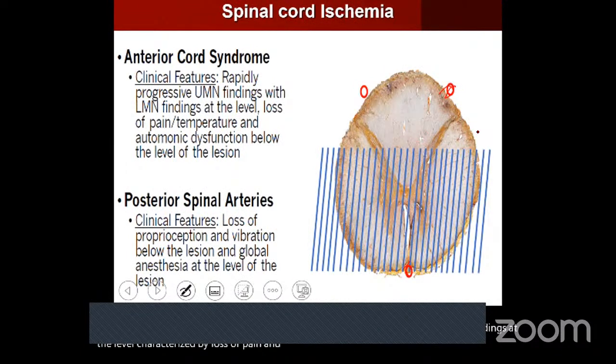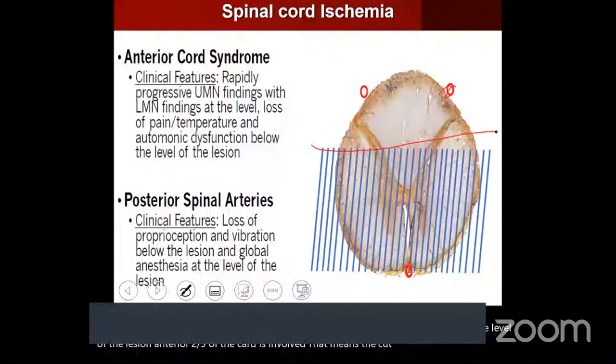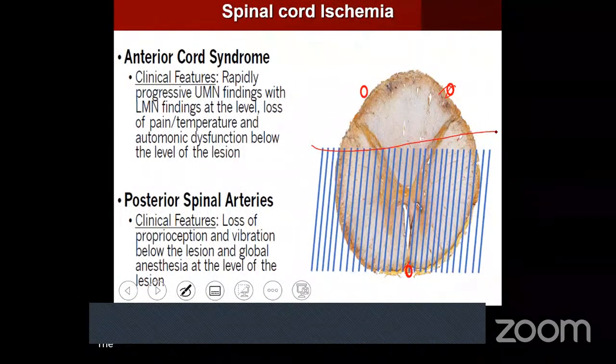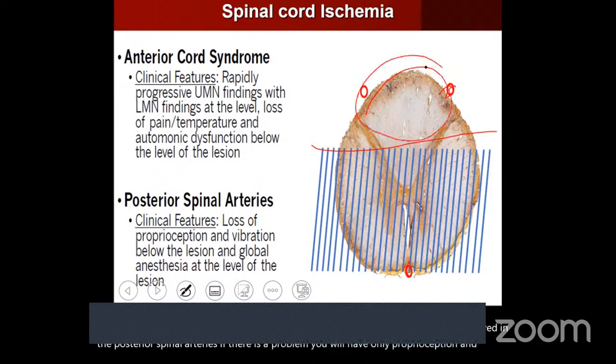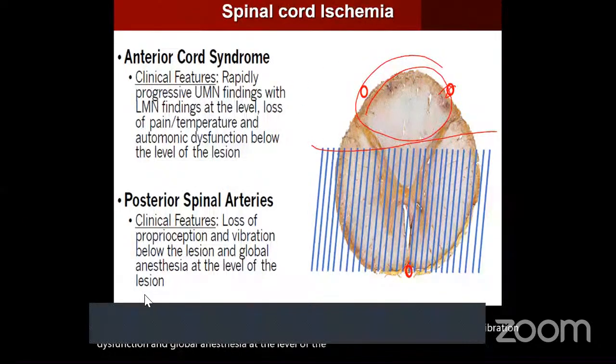The anterior two-thirds of the cord is involved. That means the corticospinal tract, the spinothalamic tracts, and all the brainstem originating tracts are involved. In posterior spinal artery problems, you will have only proprioception and vibration dysfunction and global anesthesia at the level of the lesion. So these are the characteristics of ischemic lesions of the spinal cord.